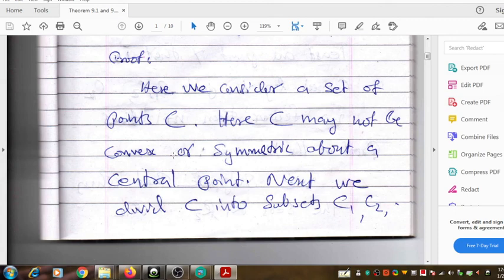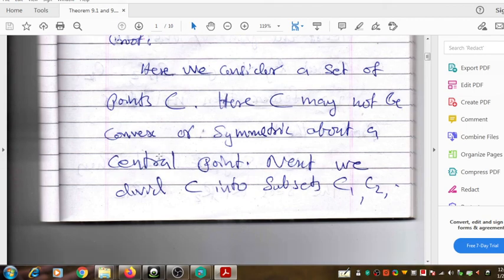In the previous results we took only symmetric sets with the center of symmetry at the origin, and they had to be convex. But here we are free to take any set C which may not be symmetric about a central point. But one thing is important: we must be able to divide that set.